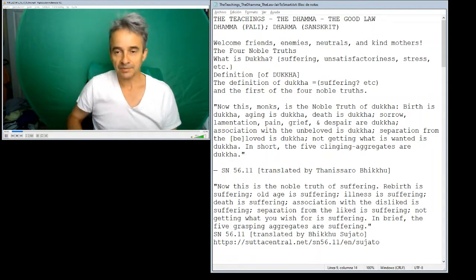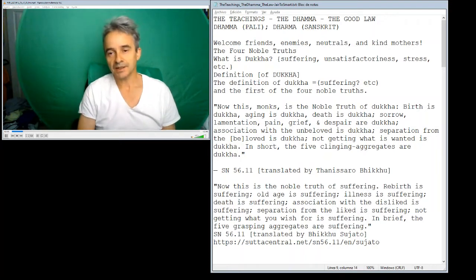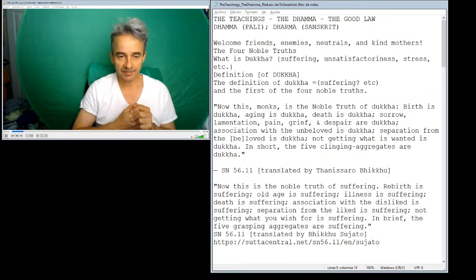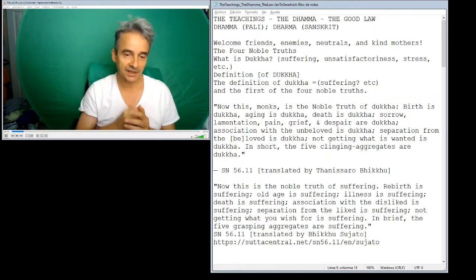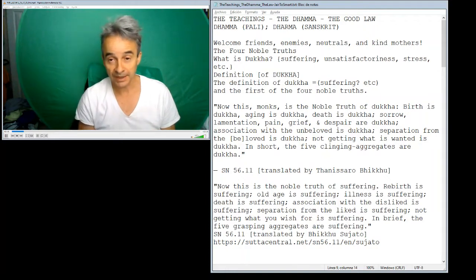Okay, so we're going to focus on the Pali versions, and I don't have them with me, but I have them translated from the Pali into English.